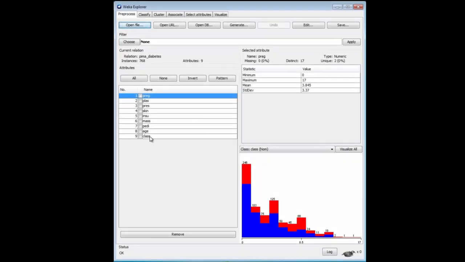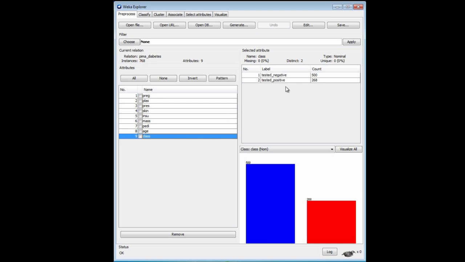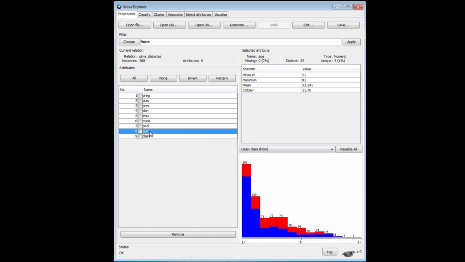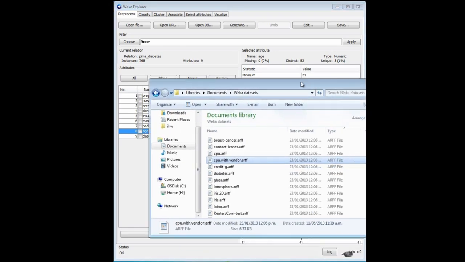The class is tested negative or tested positive for diabetes, I guess. We've got attributes like preg, which I think is to do with the number of times you've been pregnant, age, which is the age. Of course, we can learn more about this data set by looking at the ARFF file itself.